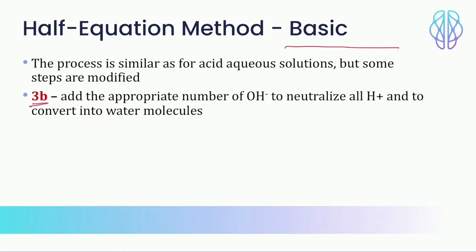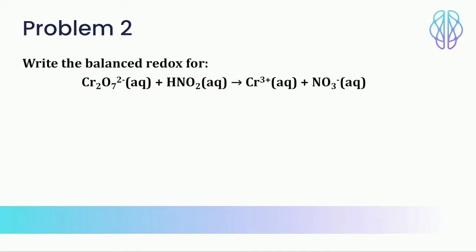We have something called 3b, and for that we're just going to add the appropriate number of OH- to neutralize all our H+ and convert it into water molecules. So it's probably best to see this in a worked example for our basic solutions. So we're going to jump into 2 worked examples now.